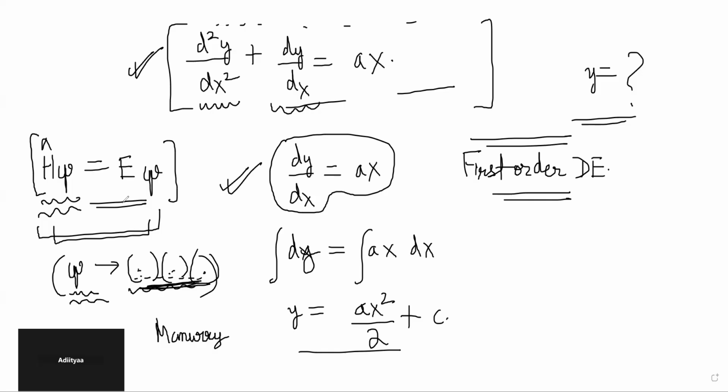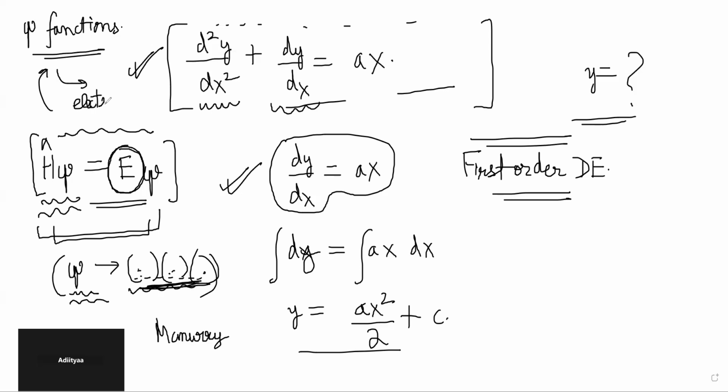But what you need to understand is when you keep track of all the energies of the system and when you solve the Schrödinger equation, what comes out are the solutions of this equation, the psi functions. These psi functions are basically electrons in different orbitals.